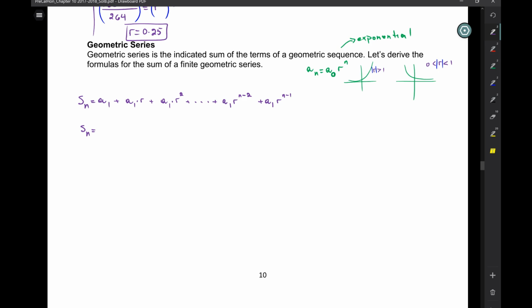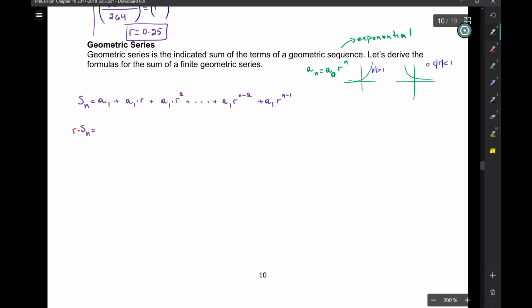I'm not going to add S_n, I'm going to be a rebel and add r times S_n.